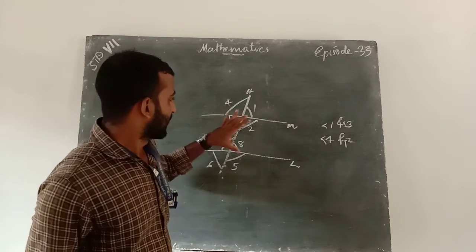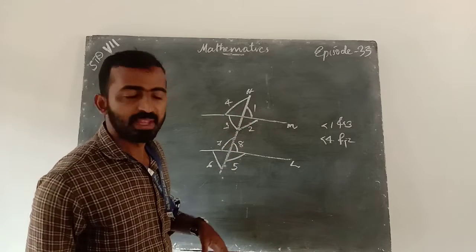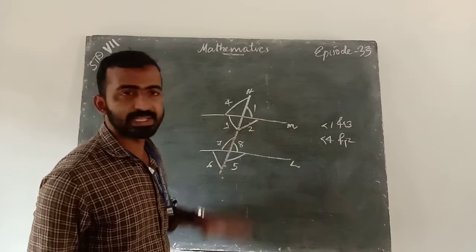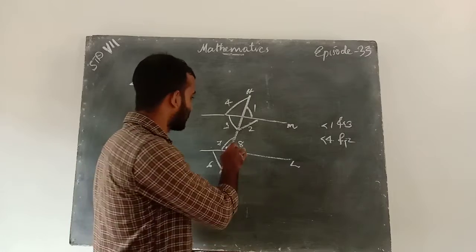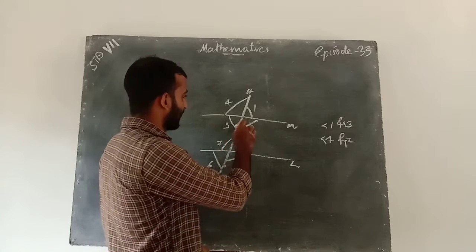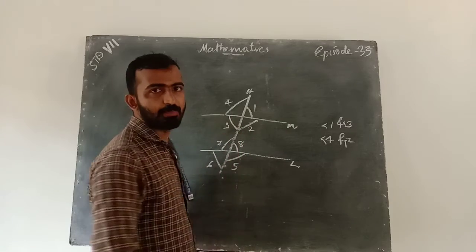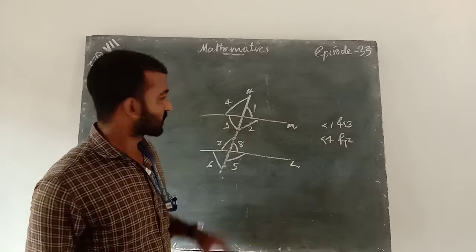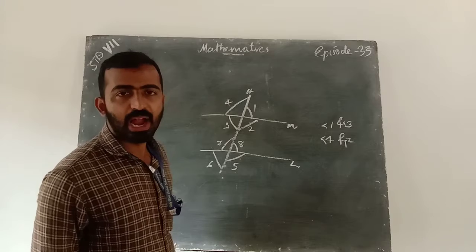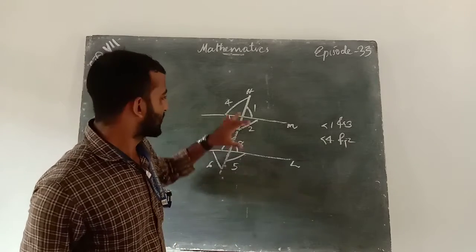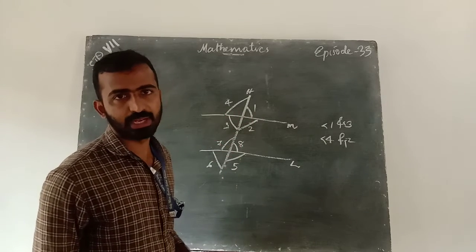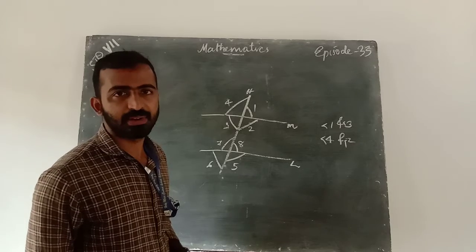This angle is interior and they are on the same side of the transversal. Here 2 is below the line and 8 is above the line. So these angles are also supplementary. Is it clear?